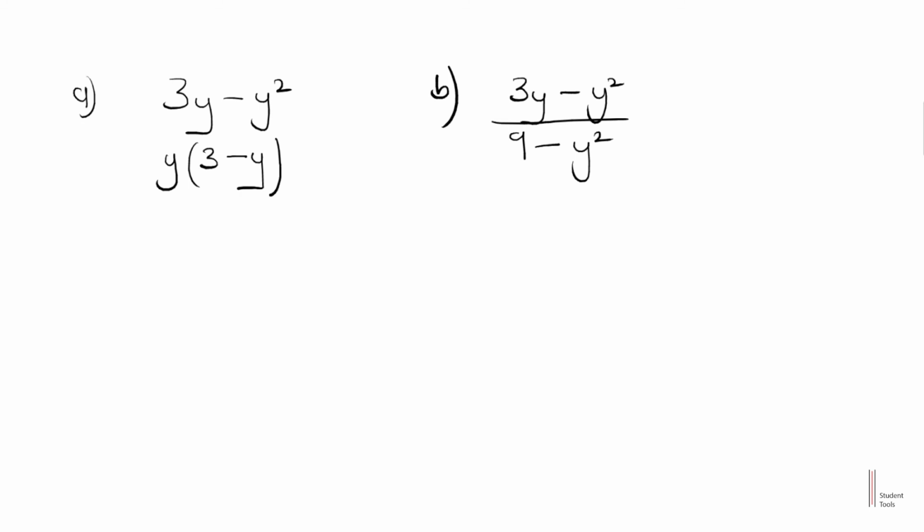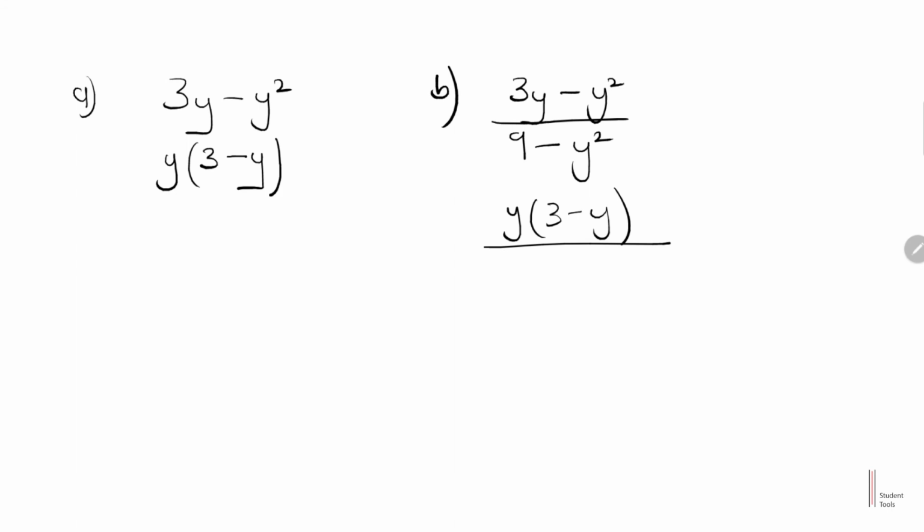So let us factorize this. The first part is already factorized on a, so we will have y factored out and open bracket 3 minus y. We have already done that on a. And then we have the denominator 9 minus y squared. We are going to factorize there again.